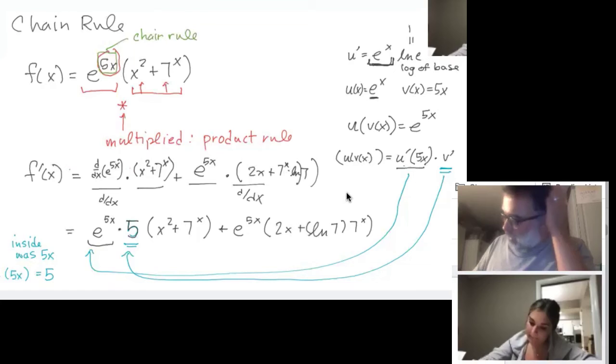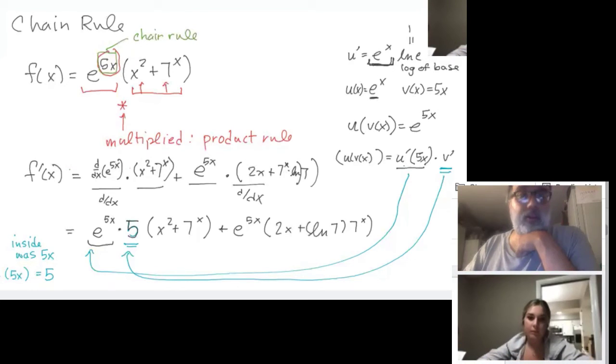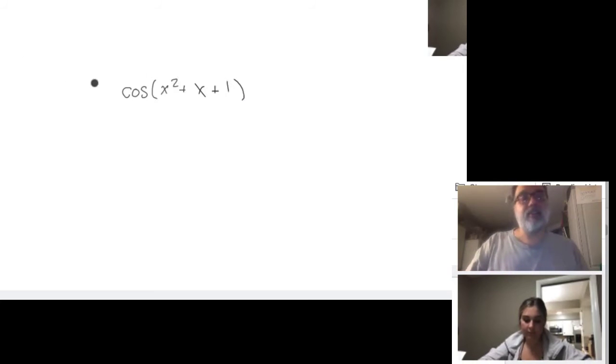Really good question. So can we do an example where you try to talk me through it? I can try. So if this is our function, what's the derivative?